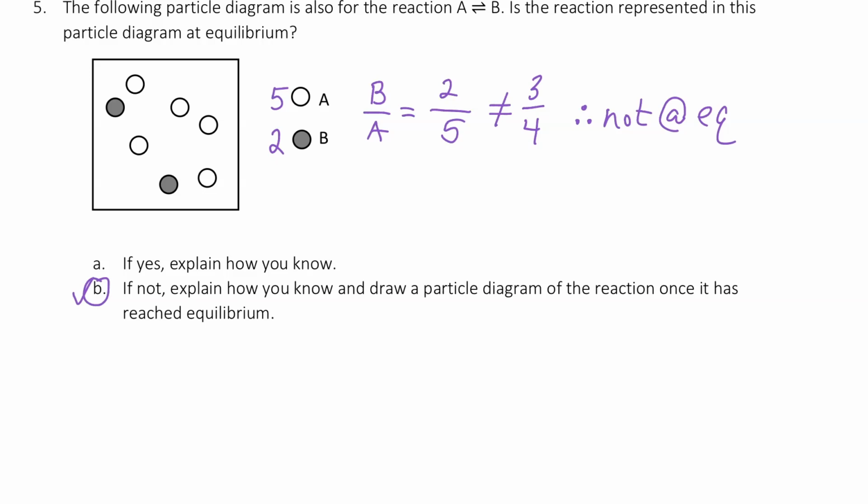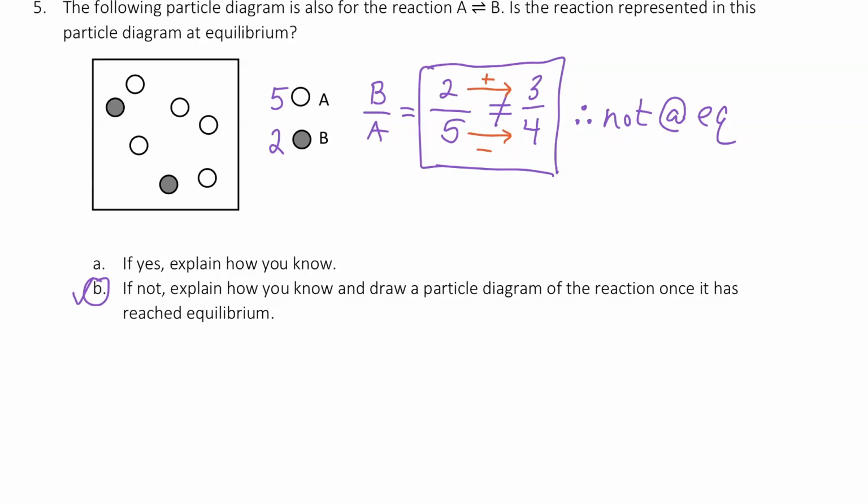Okay. B is a product. Let's use these, because we're not always going to have the pictures. So let's use this here. Yeah. So if we're not always going to have the particle diagram, we are going to want to use what we need to form to help us out, okay?